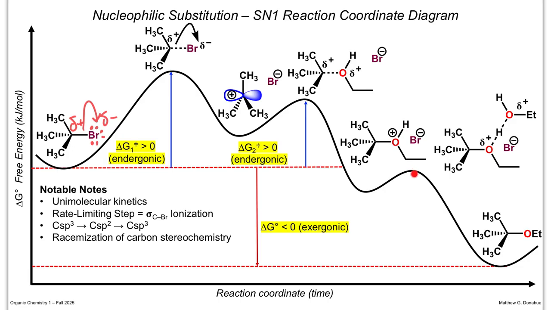The last transition state is a proton transfer from the intermediate to solvent. So you're breaking this existing bond, you're making a new one. And then once that happens, we end up with our product well here. So overall, from where we started to where we ended up, we went down, so that's exergonic.